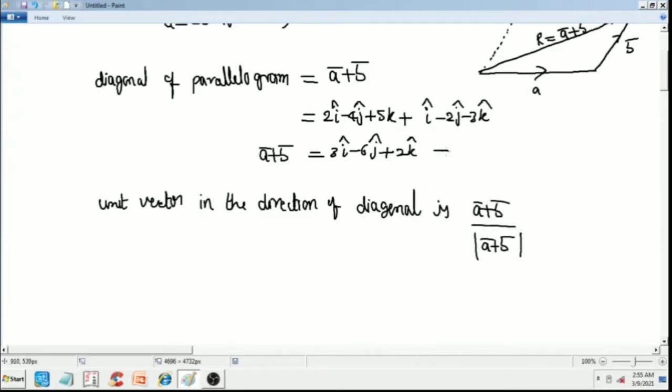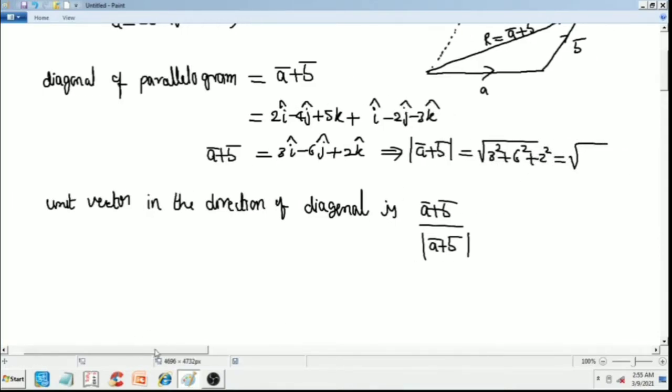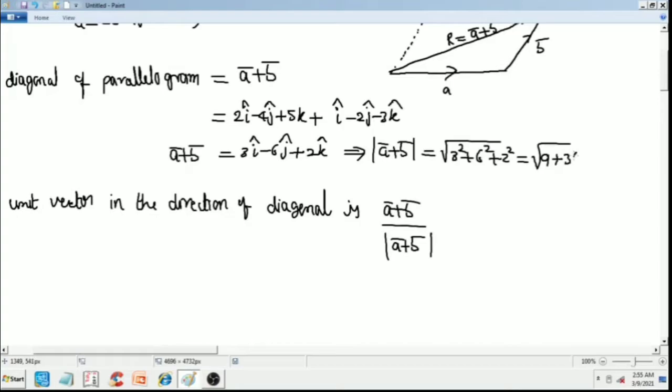In order to find the magnitude, no need of taking anything common. The magnitude of A bar plus B bar is root over 3 square plus 6 square plus 2 square. So 3 3's are 9, 6 6's are 36, 2 2's are 4, which comes out to be 49. Root over 49 is 7. Hence the magnitude of A bar plus B bar is 7.